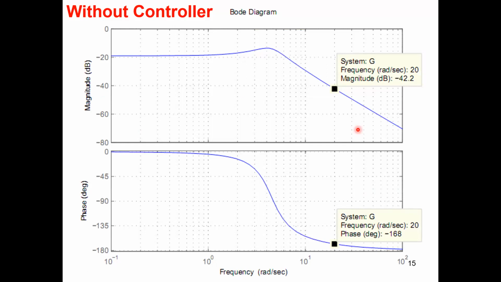What is the existing phase margin? How can you read it? Minus 168 degrees. Is that the phase margin?